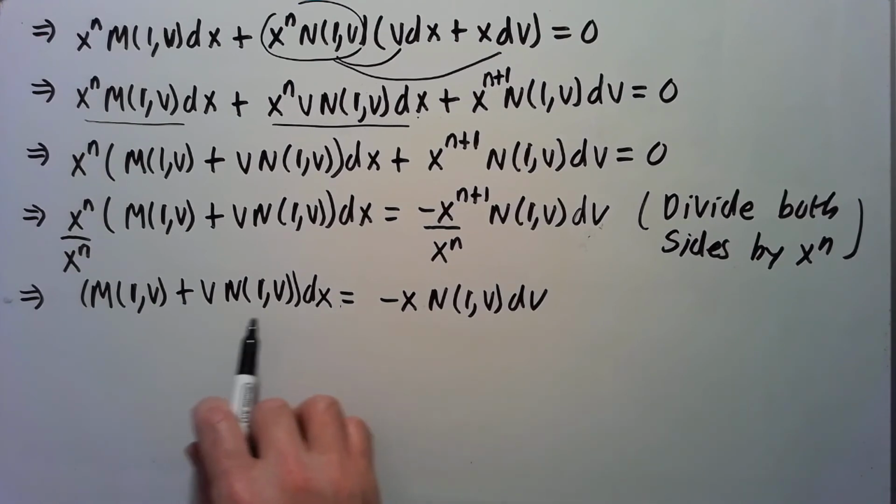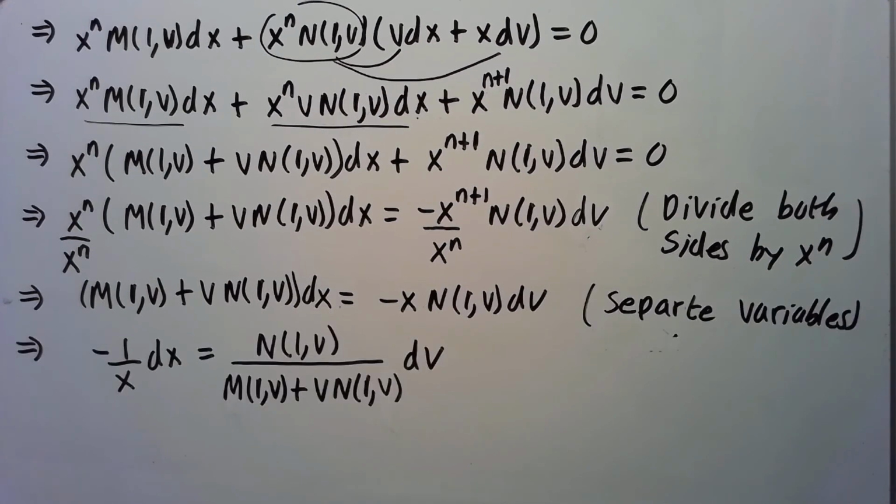So we can basically separate the x's and v's. So separating variables, we have negative 1 over x dx equals N(1, v) over M(1, v) plus v times N(1, v) dv. So we separate the variables, showing that the differential equation is indeed separable.